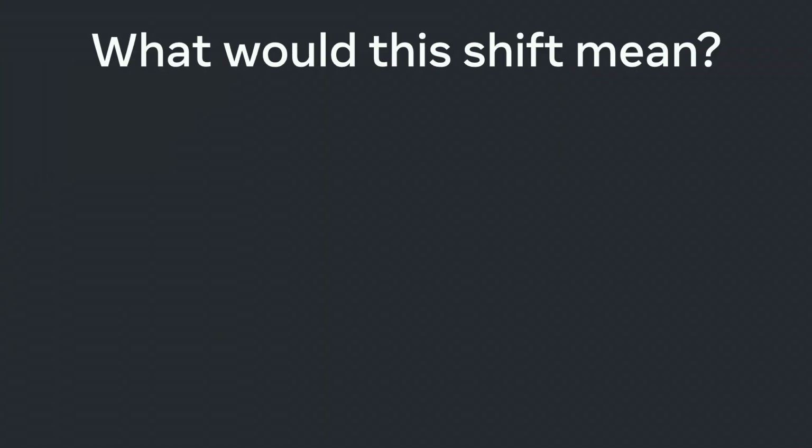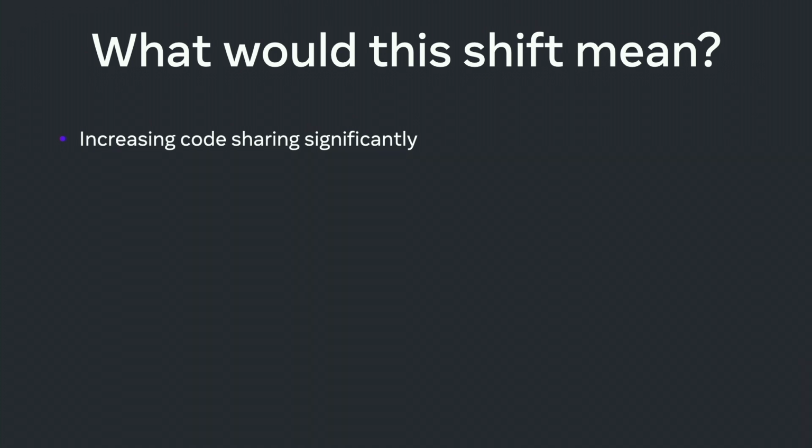So as we move React Native in this direction, how is development going to change? Most importantly, you will see significantly more code sharing across web and native experiences. It's always been possible to share some business logic, and a lot of React and React Native apps share code in this way today. But UI code always had to be distinct. And this is something that's going to begin to change as we move toward the web standard.